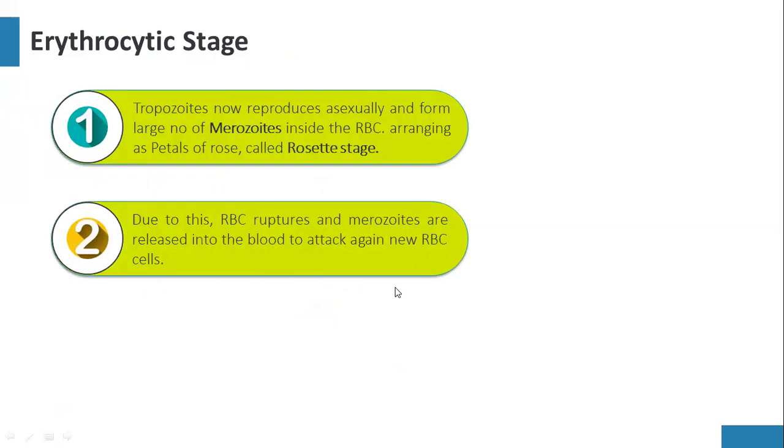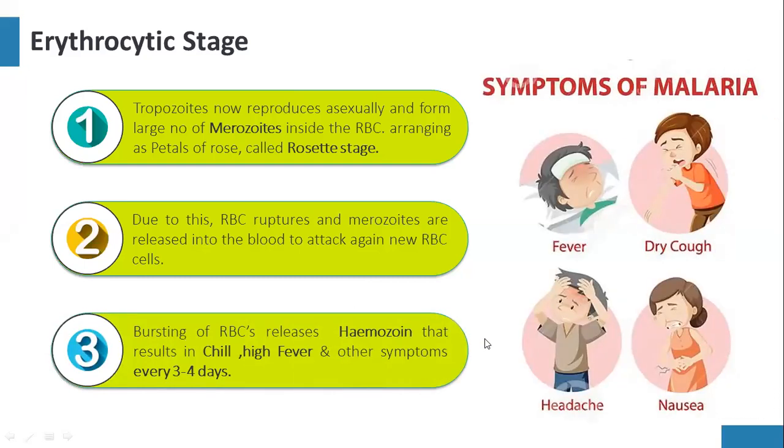The RBC breaks down because so many are growing. They will start feeding on the hemoglobin in large quantity and they will break down the RBCs. And merozoites are again released into the blood to now attack new RBCs. In the human body, large numbers of RBCs are affected. Bursting of RBCs now will release that hemozoin.